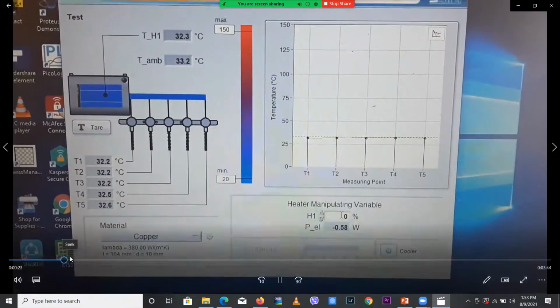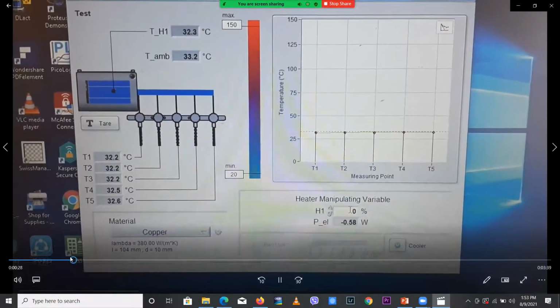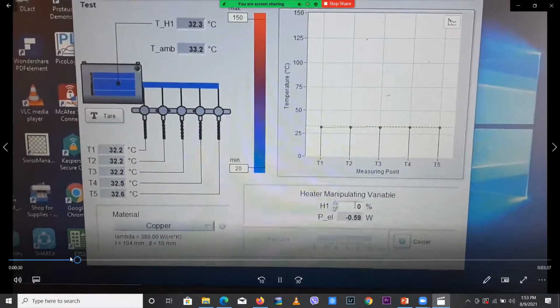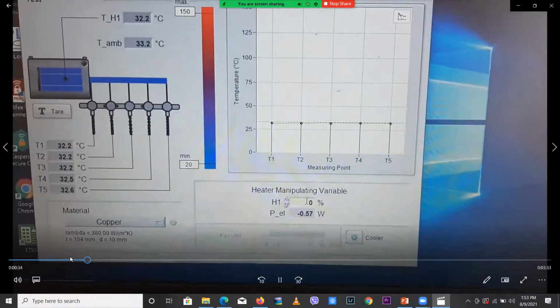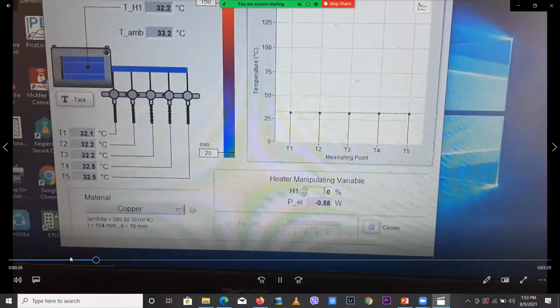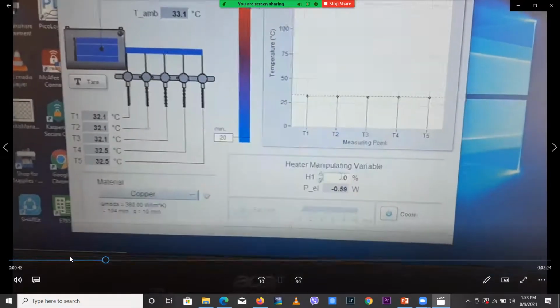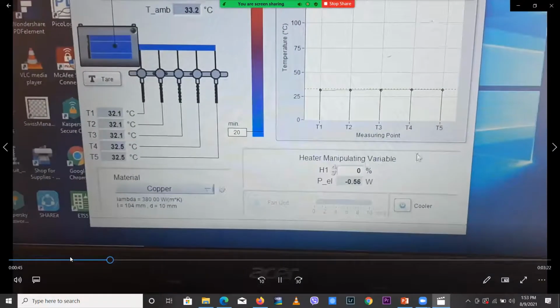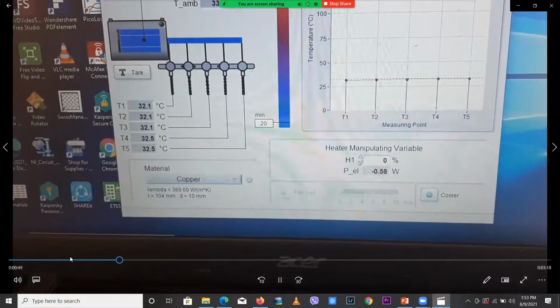Both are the same now, with around 1 degree Celsius difference inside the heater, 32.3. There are 5 different places in the copper rod, our first specimen. Those 5 temperatures are T1, T2, T3, T4, T5, all the same now, around 32. Here is where we apply the heat, and we should know the lengths and everything.